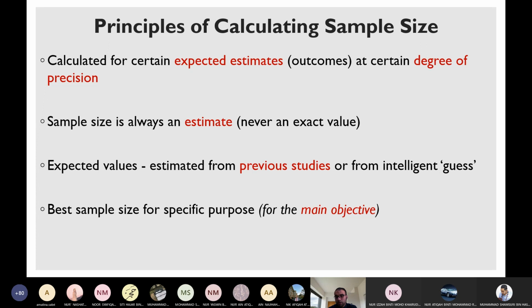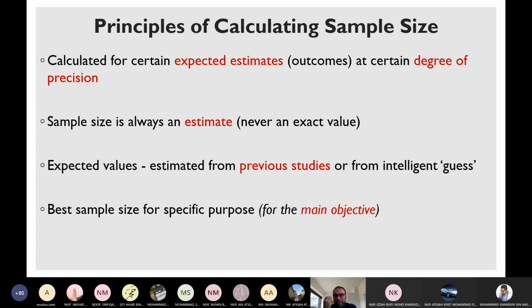Expected value. Most of the time the calculator for the sample size asks you for an estimate of the parameter of the variable that you are looking for in the population. You estimate, and usually the software asks you to provide this estimate in terms of percentage.